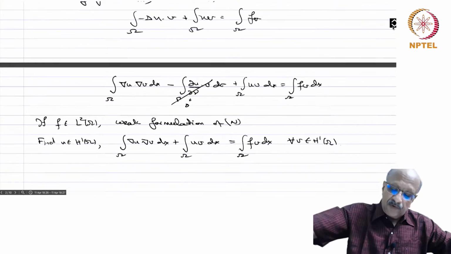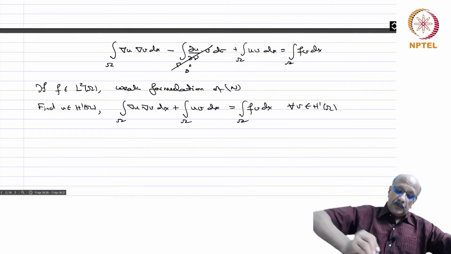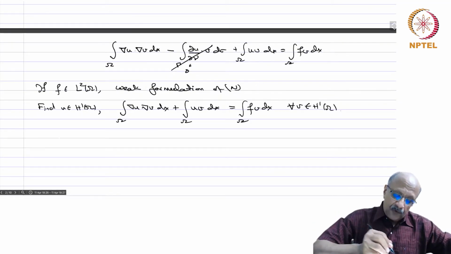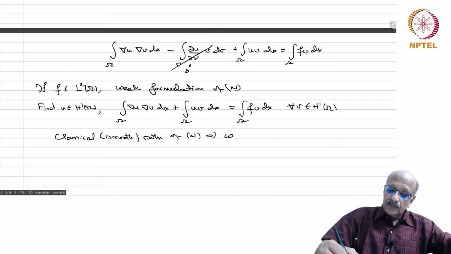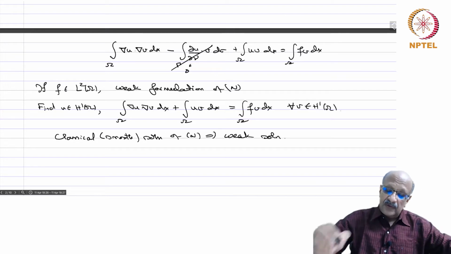This is called the weak formulation of the Neumann problem. Okay, so of course if you have a classical or smooth solution of N, it implies a weak solution, as we have just seen.